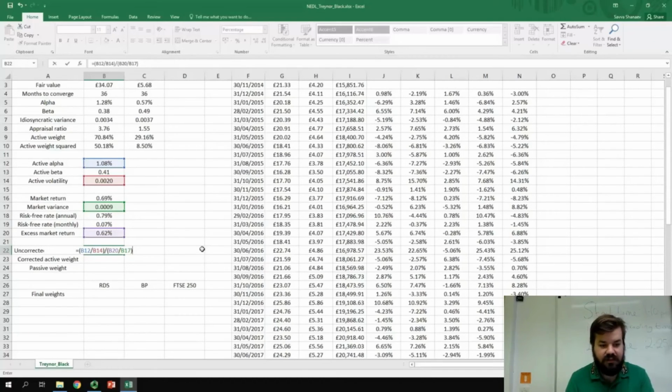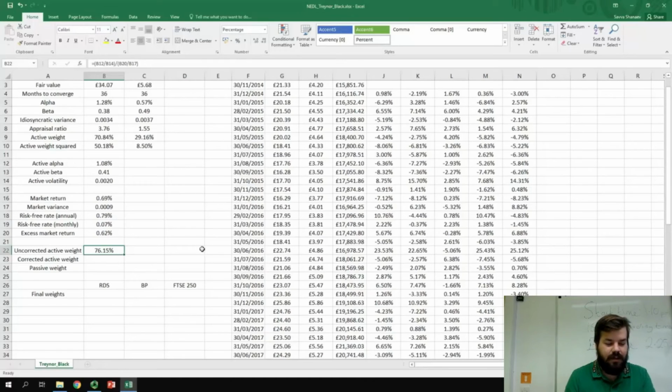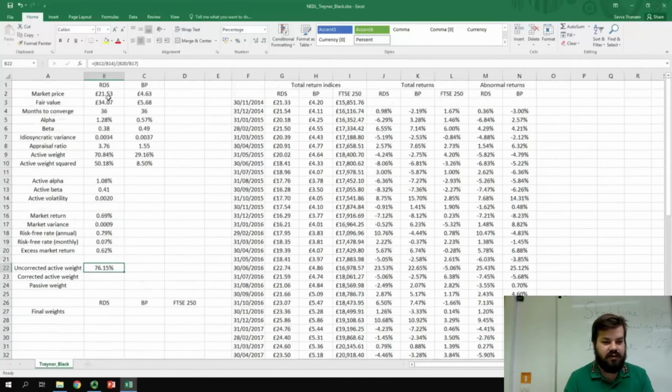And applying this formula, we can see that the uncorrected active weight, so the proportion of the capital that we need to allocate towards our active investment, so towards those two stocks that we valued last time using valuation multiples, is above 76%.